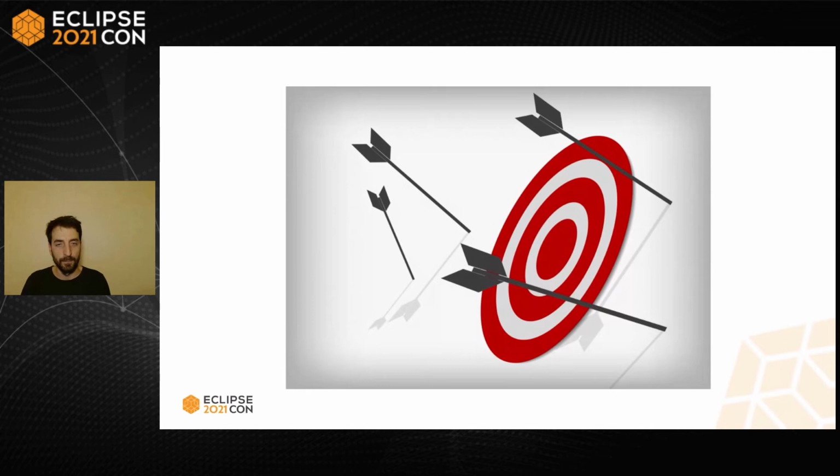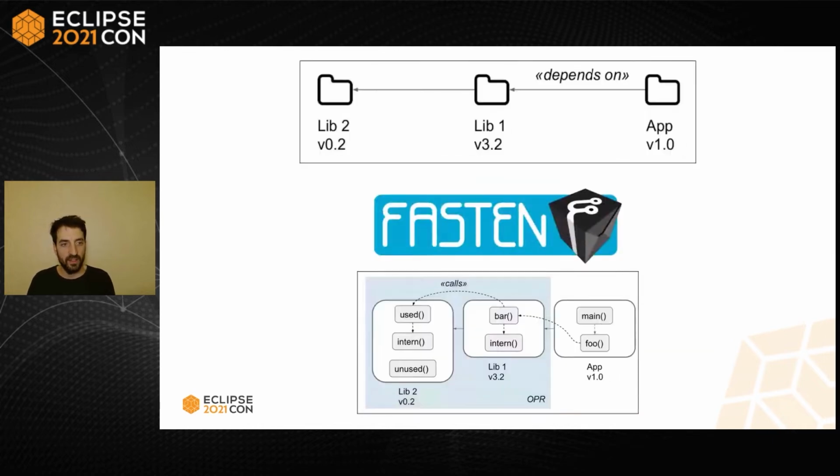So overall, the tools I presented so far lack some accuracy. And this is what the Fasten project tries to overcome. The tools I presented so far work at the package level, at the library level. They work with this graph of dependencies. And here with Fasten, what we want to do is work at the function call level, at the method call level.